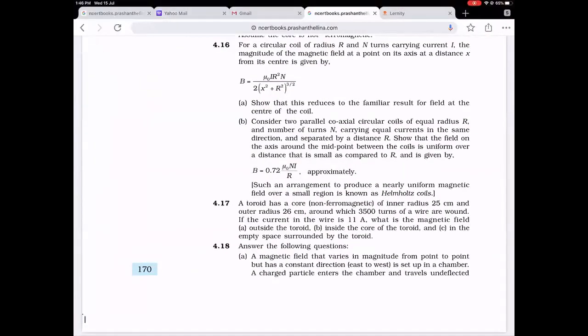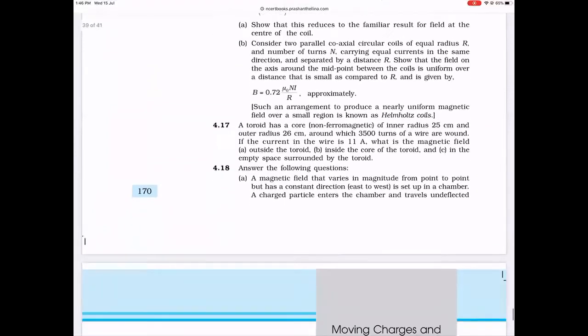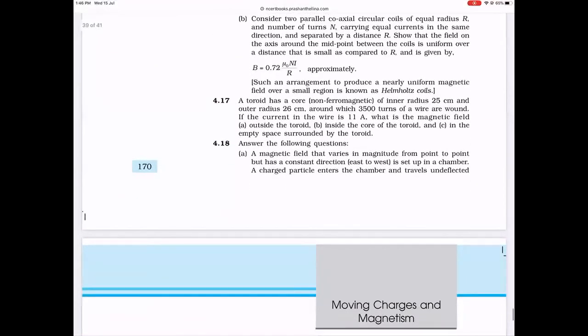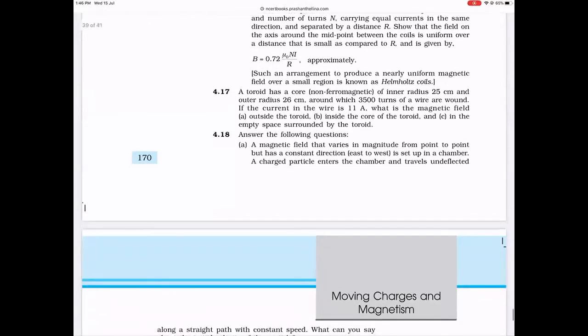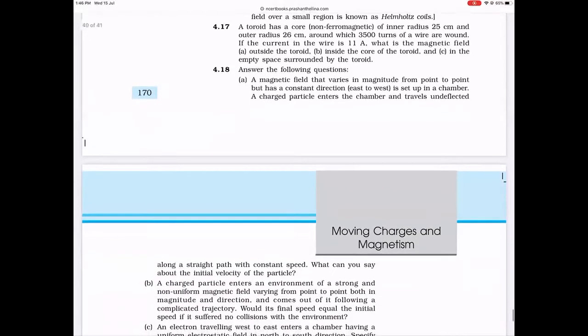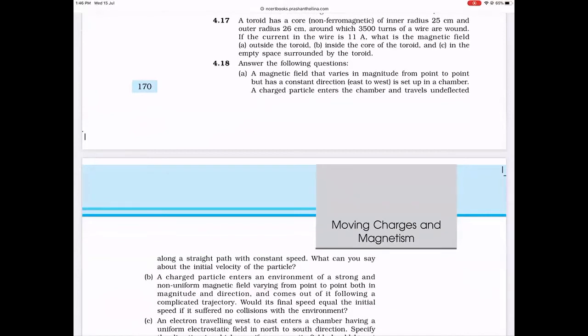Okay. So remember, this is what is referred to as Helmholtz coil. Next, look at 4.17, 4.18. Please look at 4.17, 4.18.